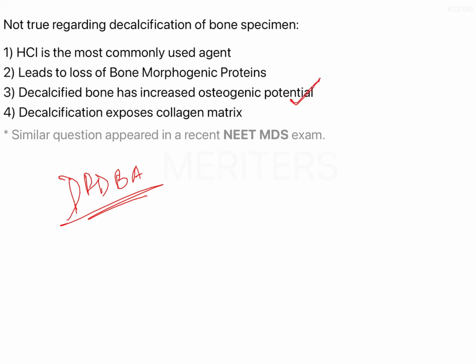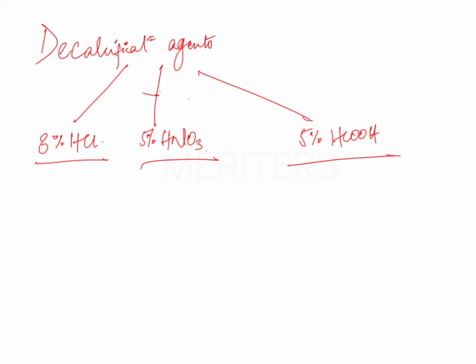Second, since we are decalcifying the bone, the entire inorganic content is removed and only the organic content is left. And as we know, the organic content of the entire tooth structure or bone is nothing but collagen. So it exposes the collagen matrix. Now coming to these two options, there are three main agents used for decalcifying.